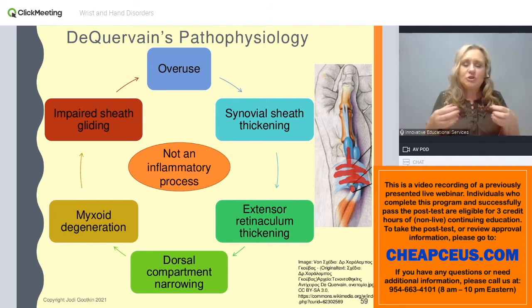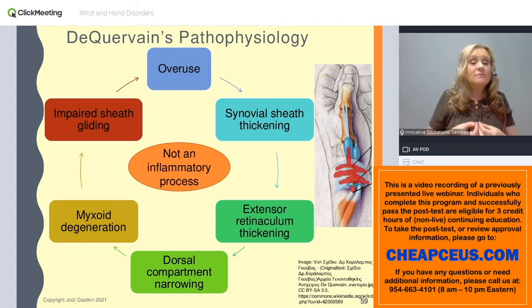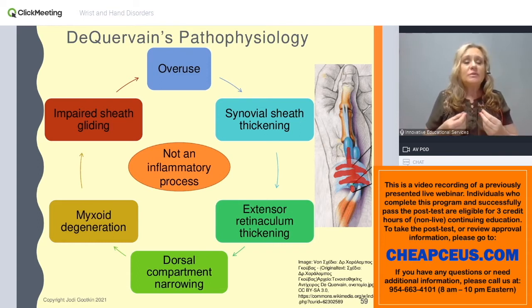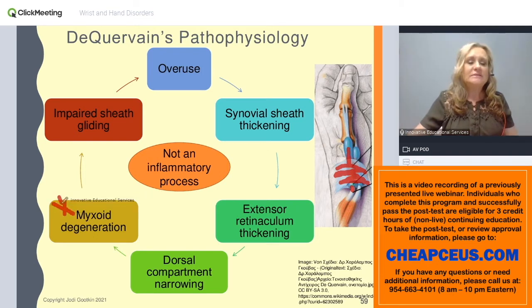Histological examination, when they actually went in and looked at individuals who had surgery for this condition, they found that the thickening of the tendon was up to 5 times normal, so really encroaching in that space, and that there was actually a degeneration of the tendons and the surrounding tissue, that it became more of a gelatinous mucoid type of tissue on histological examination.